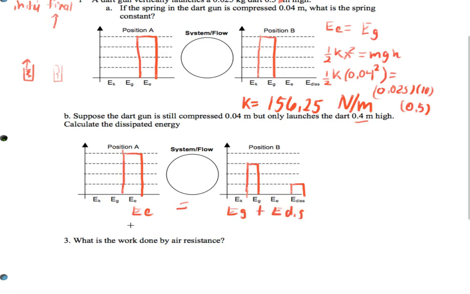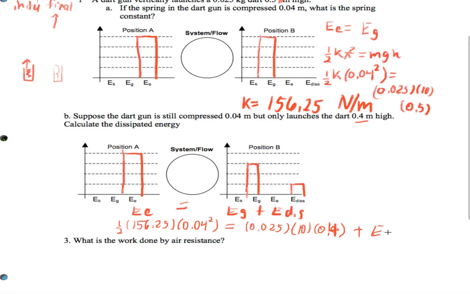And working with that, let's plug in our numbers. We're going to end up getting here 1/2 times 156.25, which is k, times x, which is 0.04 squared, equals m, which is 0.025, times g, which is 10, times the height, which is now 0.4 meters.